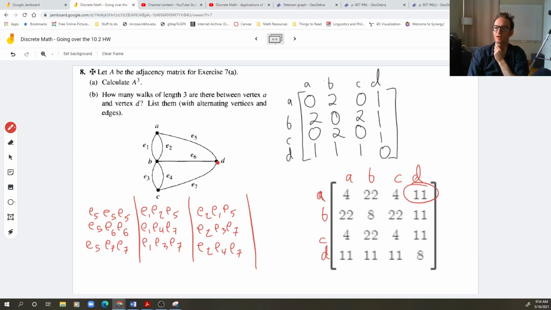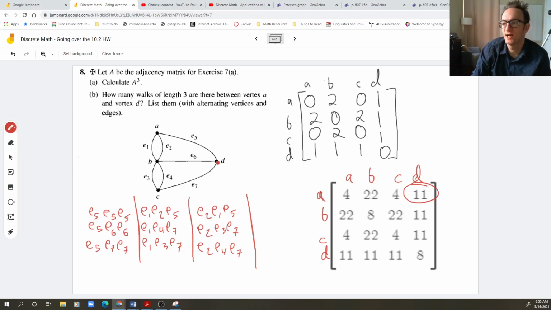Walks of length 3 from A to D. I'm missing something. Oh, because duh. I could also do E1, E4, E7. And I can also do E2. No, I covered that already. Hold on a second. Completely brain dead right now after making this video. I'm just feeling so dumb.